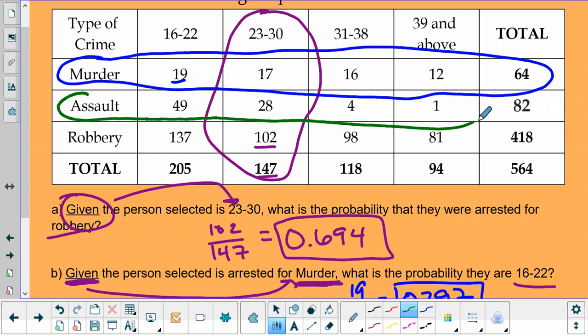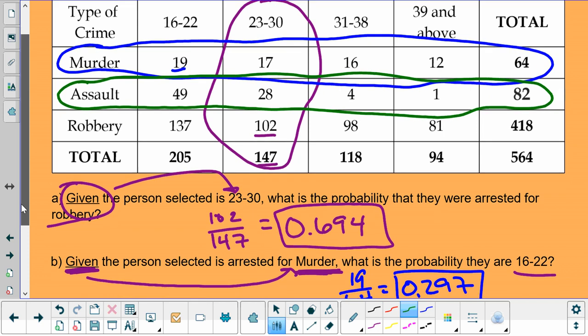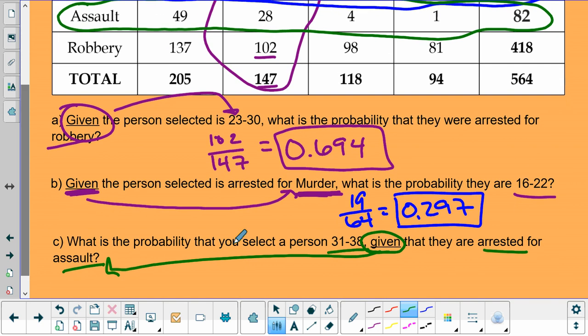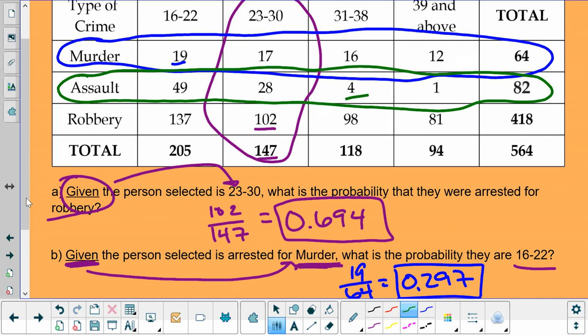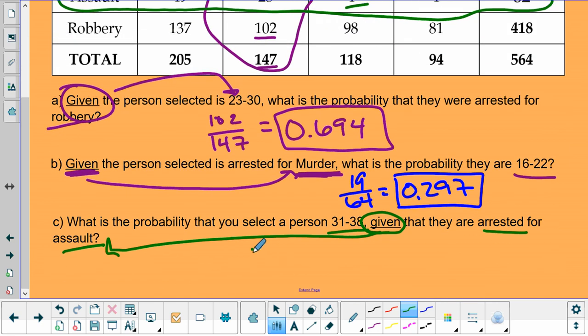That's my condition that must be present in order to find this probability. So I'm looking at the assault row. My total is 82. The 31 to 38 column, there are 4 of them. So 4 out of 82 is my probability there. And 4 out of 82 is 0.049.